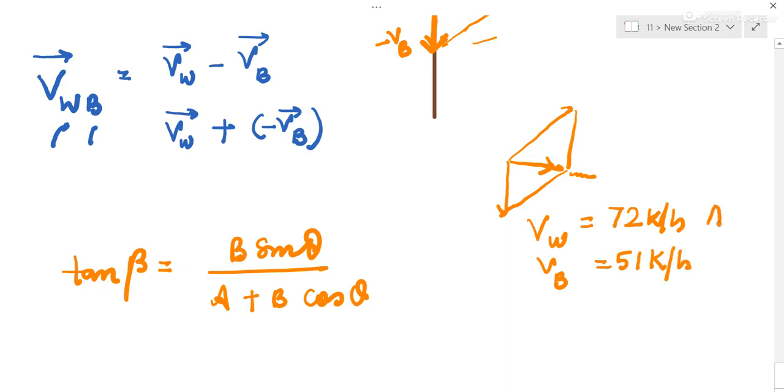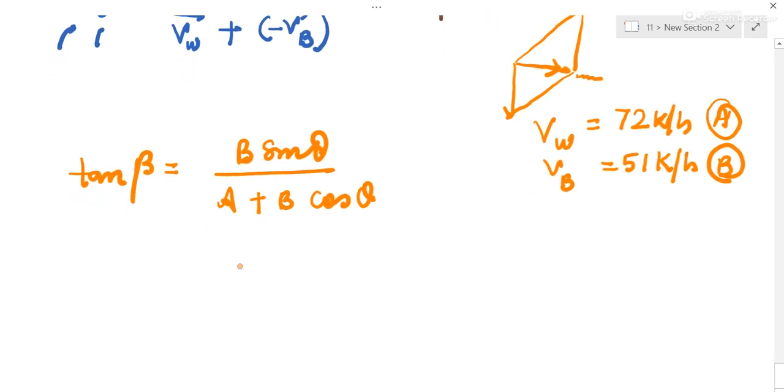One of them we imagine as A, the other as B. So B is 51, and we get 51 sine theta by 72 plus 51 cosine theta.